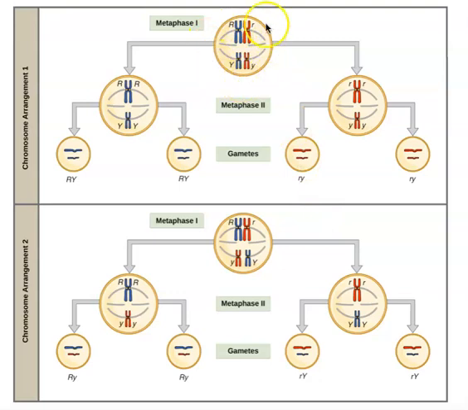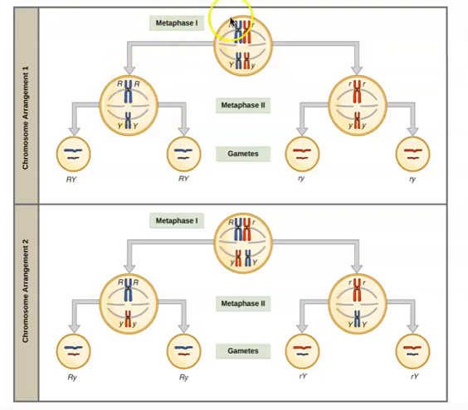So if you want to see this here, for example, just by chance alone, this big R chromosome aligned in this side of the cell and this little r chromosome aligned in this side of the cell, and this big Y chromosome aligned in this side of the cell and this little y chromosome aligned in this side of the cell. And because of their alignment, they're going to be divided through meiosis 1 and meiosis 2 into different sex cells.